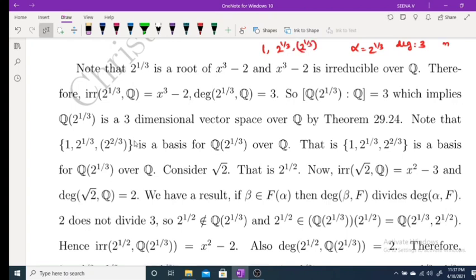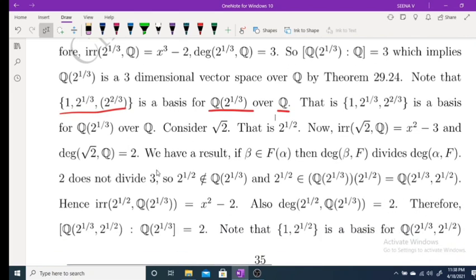Degree 3, n − 1 means 3 − 1 equal to 2. So that is 1, 2^(1/3), 2^(2/3), which is a basis of Q(2^(1/3)) over Q. Here this is actually (2^(1/3))², and that is equal to 2^(2/3).